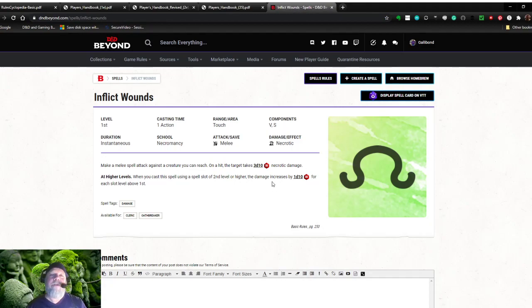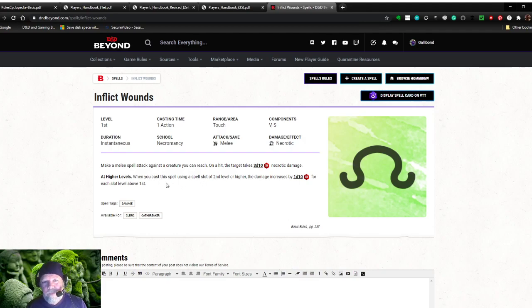Now, Inflict Wounds, 5th edition. Still a first level spell. Touch, verbal, somatic. You make a melee spell attack against a creature you can reach. On a hit, the target takes 3d10 necrotic damage. At higher levels, second level or higher, the damage is increased by 1d10 for each slot above first.